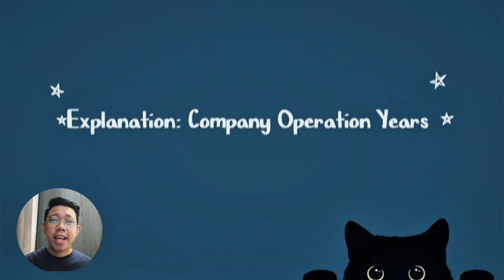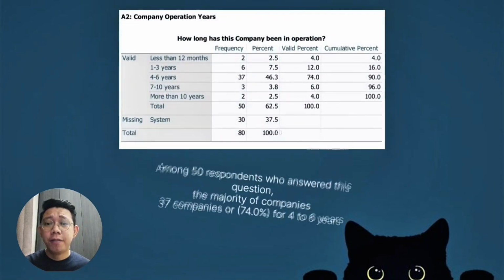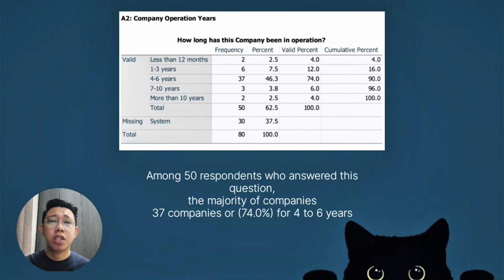Alright, next I will explain the findings related to the number of years the companies have been in operation. Among the 50 respondents who answered this question, the majority of the companies, which is 37 companies or 74%, have been operating for 4 to 6 years.